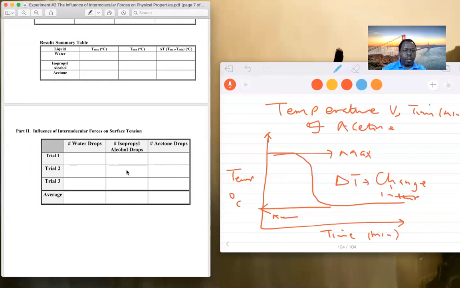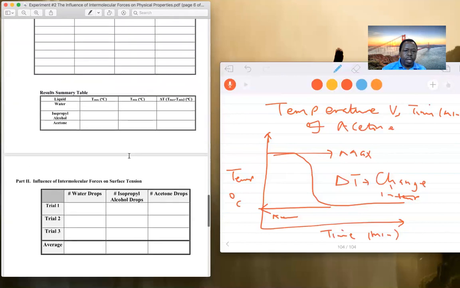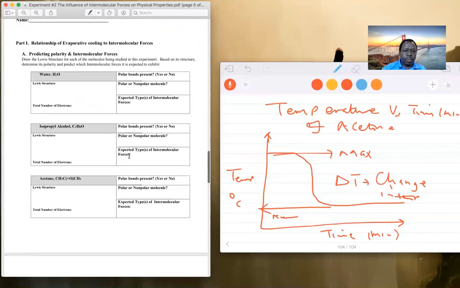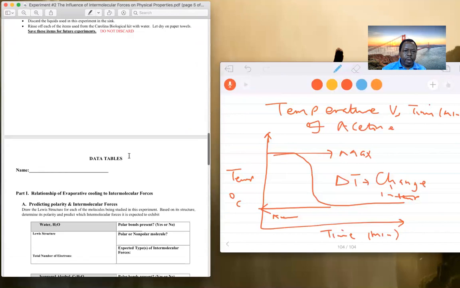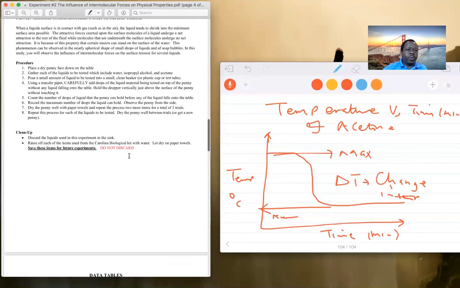Remember to stay away from your open flame. This is flammable. I don't want you to burn your house. So that's what you'll do for the last section. You'll do the same thing for acetone and water.